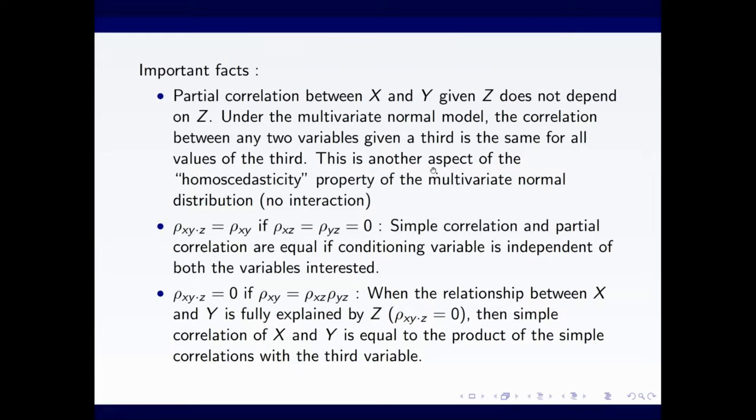This is one aspect of the homoscedastic property of the multivariate normal distribution. So the partial correlation of x and y given z does not depend on the value of z.